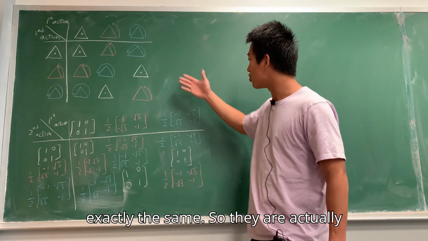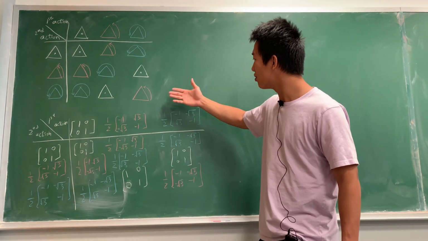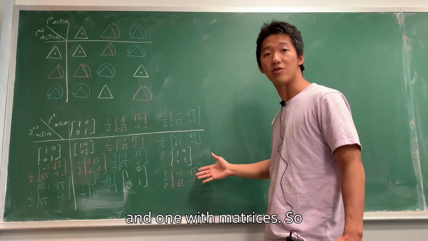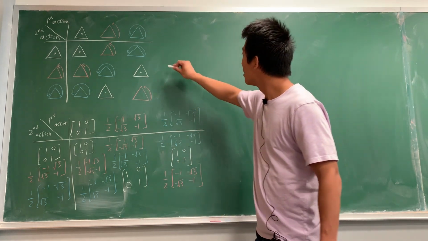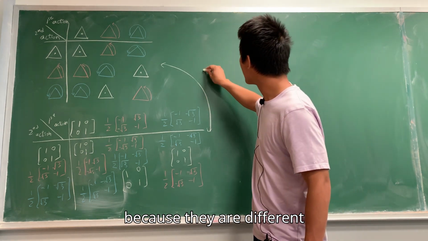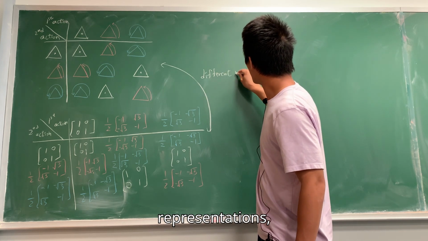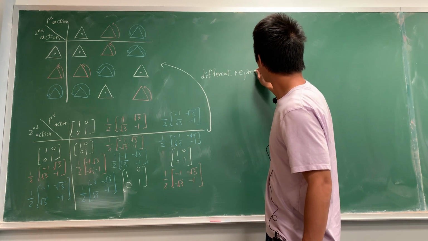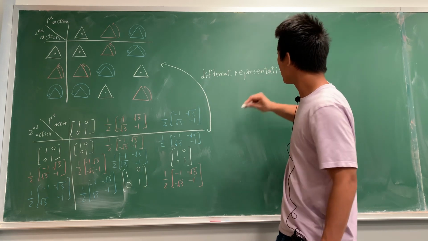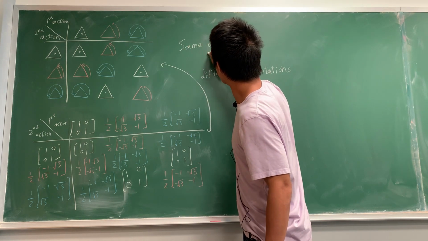So they are actually the same group, but we're just representing this group in two different ways, one with triangles and one with matrices. The reason they look different is because they are different representations, but they are the same group.